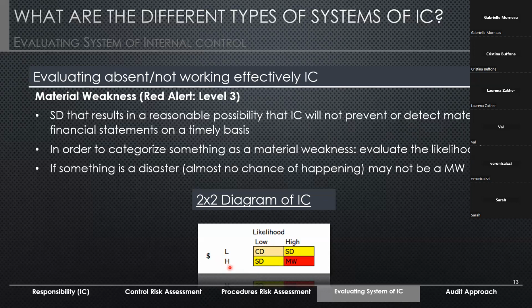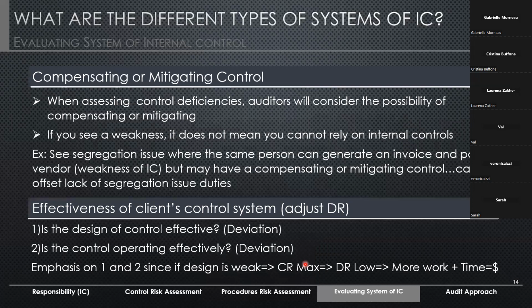If the amount is high in dollar value and the likelihood is low, then we have an SD again. And if the likelihood is high and the dollar amount is high, then we get a material weakness. All good? No questions? Okay, perfect.